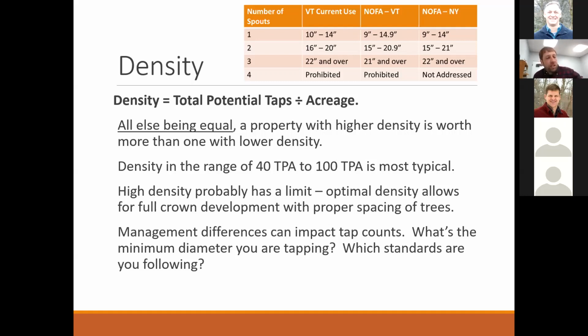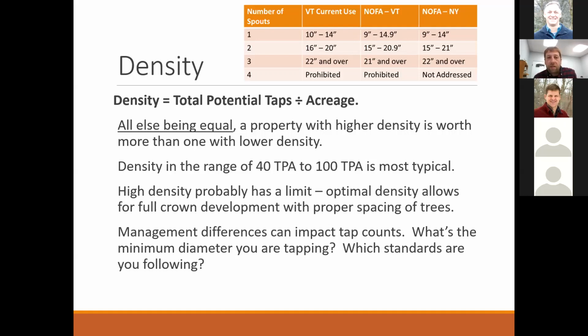Someone had a question on sign up about the impact of average DBH on valuing a sugar bush, and I think it's a good question. I don't specifically adjust for average DBH across the forest, but I think the density adjustment speaks something to that. So if your average size is 16 to 20 inches, generally you're going to be putting in 2 spouts.